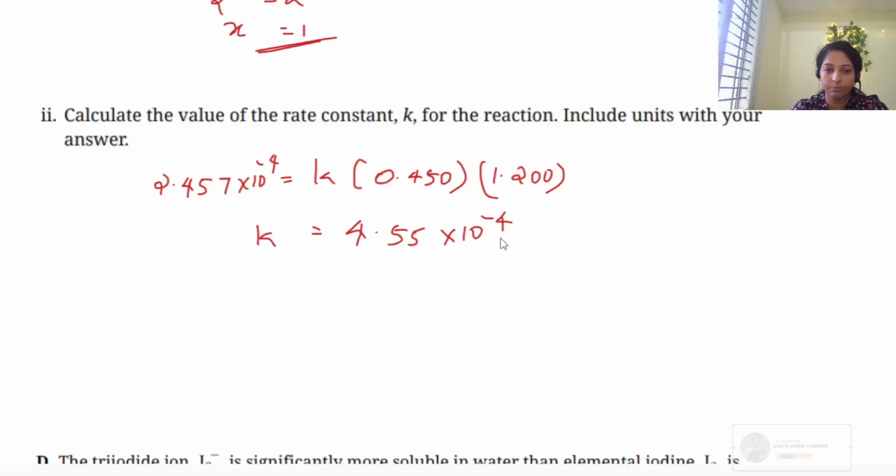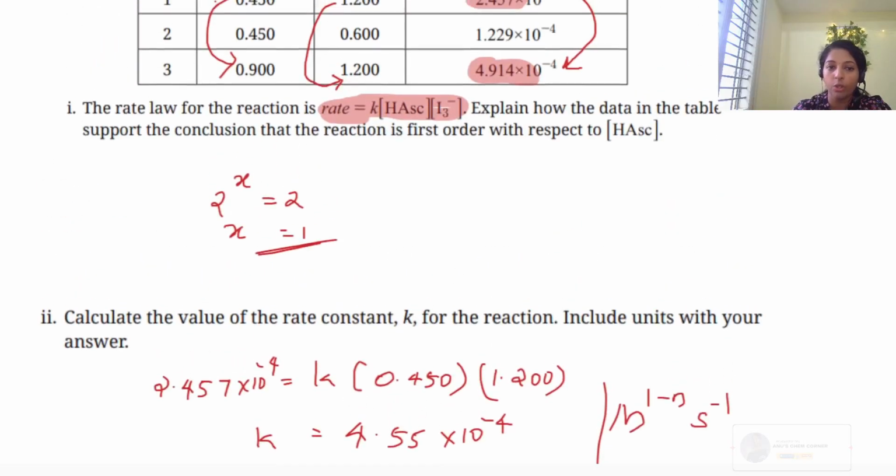That's the thing. Okay. And the unit is very important. What is the unit of rate constant? How do you calculate the unit? Molarity raised to 1 minus n, second inverse. What is this n? Order of the reaction. So here see the rate law. Order means the sum of the powers in the rate law. So here ascorbic acid is raised to 1, I3 minus raised to 1.